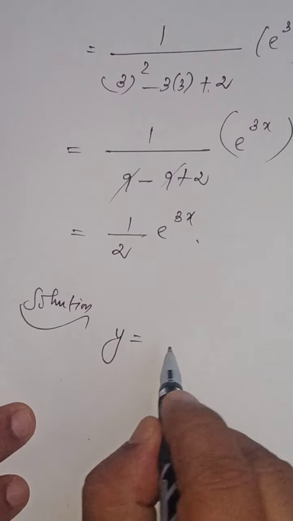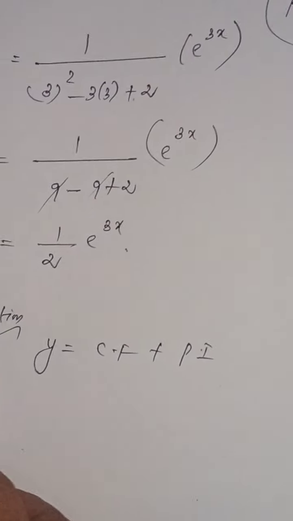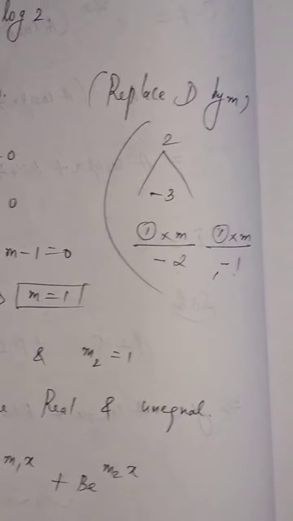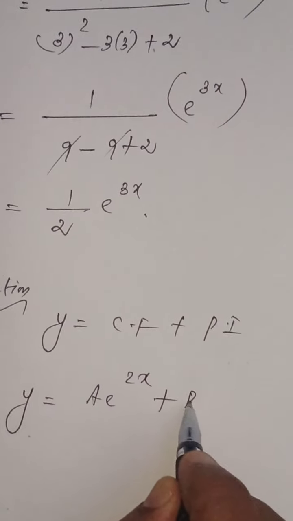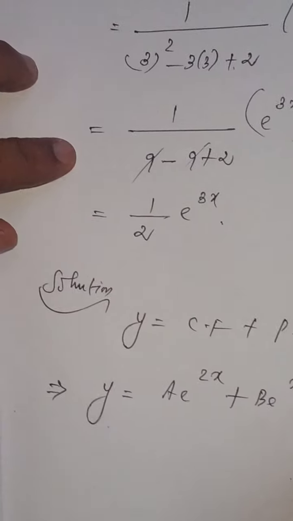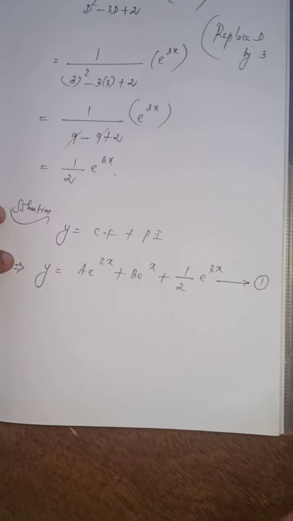Now, finally write the solution. Solution, you know very well, y equals complementary function plus particular integral, which implies y equals a e power 2x plus b e power x plus, for the particular integral, half into e power 3x. Let it be number 1.